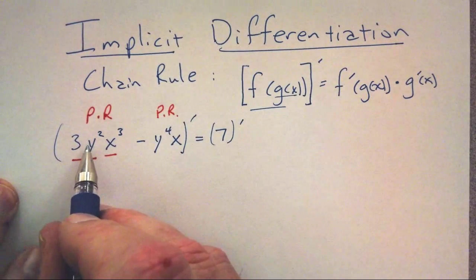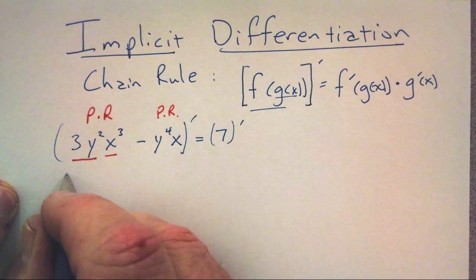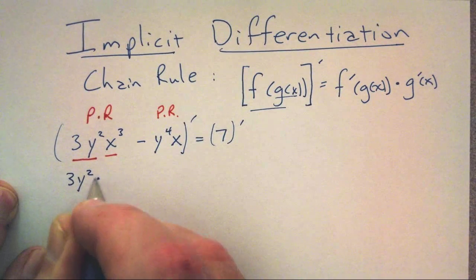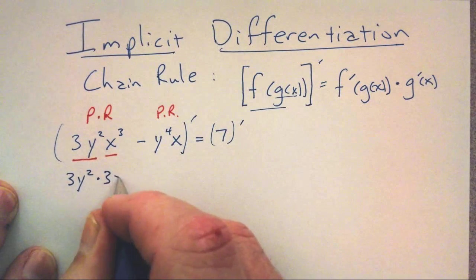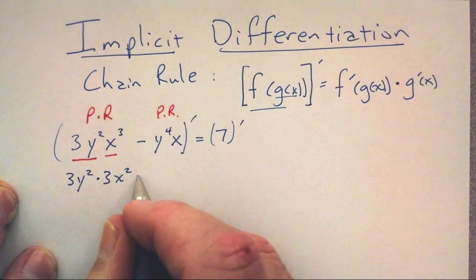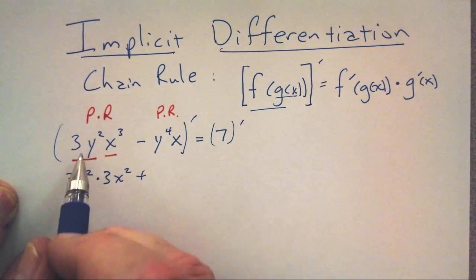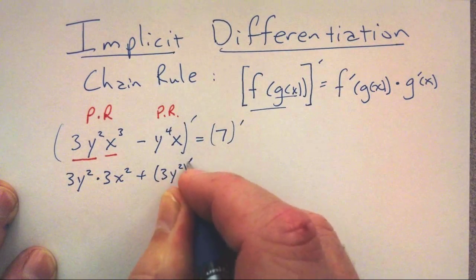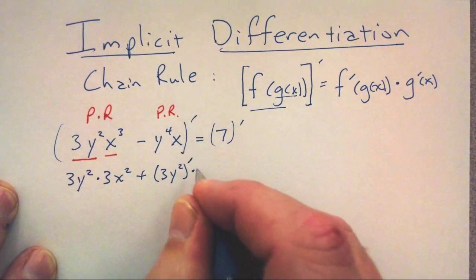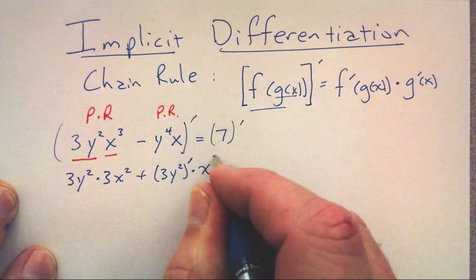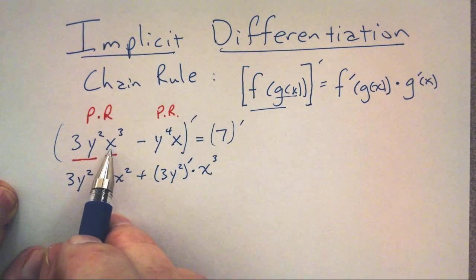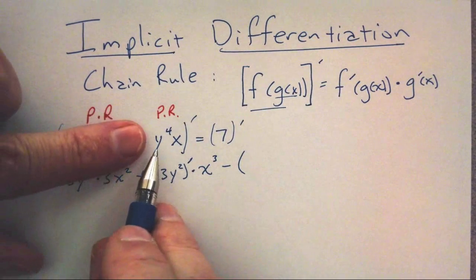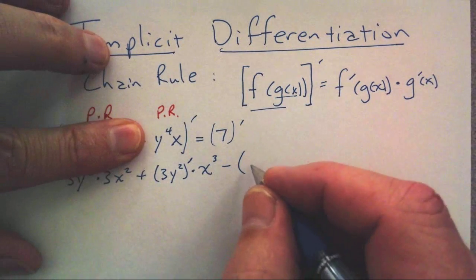And because it's product rule, we get the plain old first term the way it was times the derivative of the second term, 3x squared. Easy enough. Plus, now we take the derivative, I'm just going to write it this way, 3y squared's derivative times the just plain second factor, minus all of, another product rule, derivative of the first term.